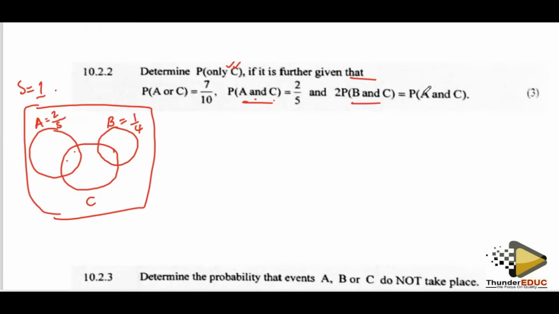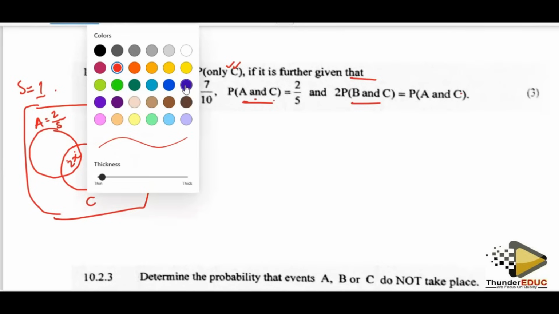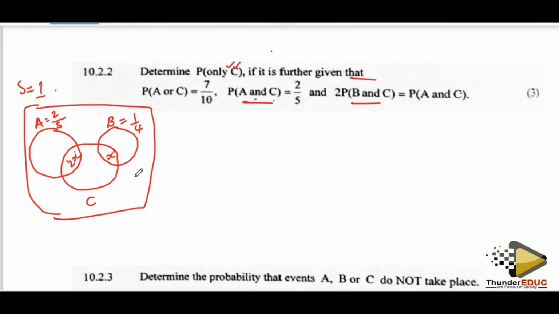but probability of A and C is twice the probability of B and C. What does this mean? If I have B and C to be X, A and C must be twice. Okay. Then I can just apply my logic and represent that.